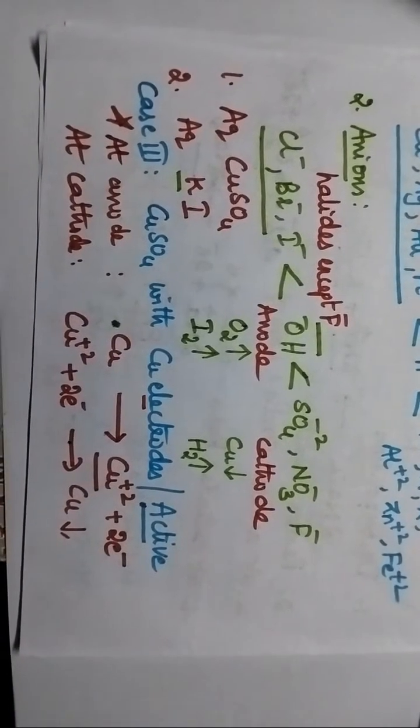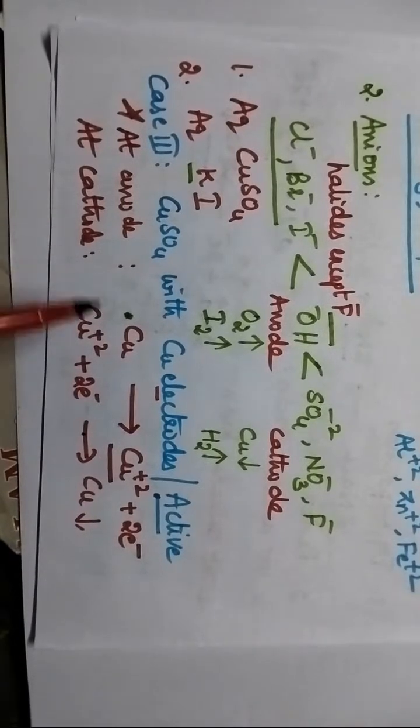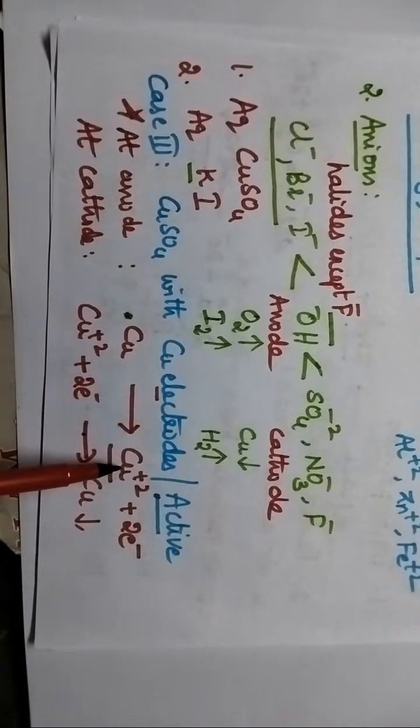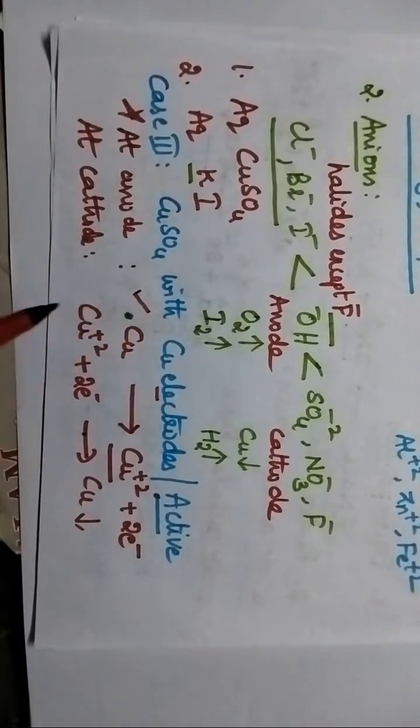So whenever active electrodes are used, what happens? At the anode, the electrode slowly dissolves and releases Cu2+ ions into the solution. This is the important reaction you have to remember always when active electrodes are used.